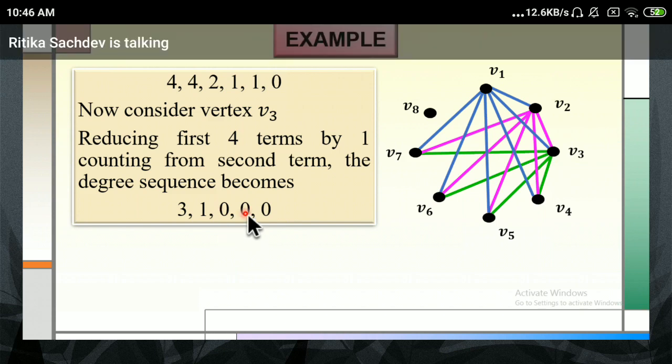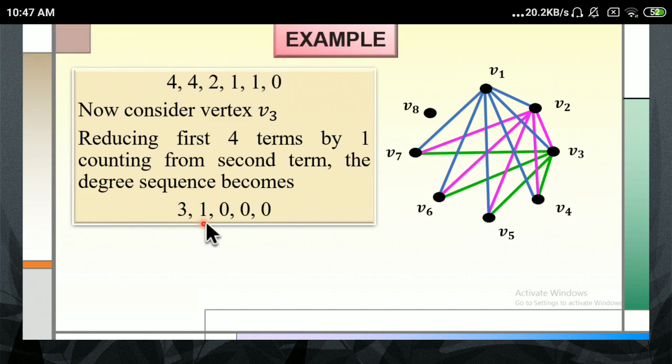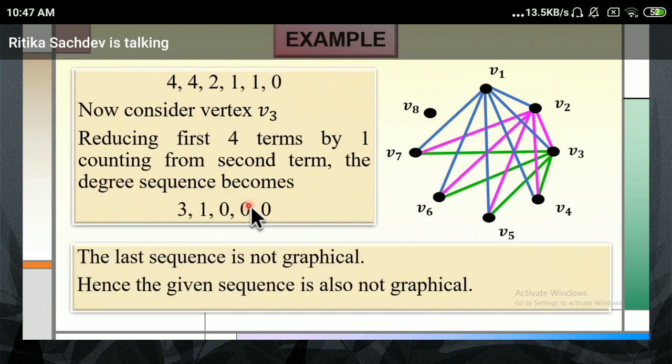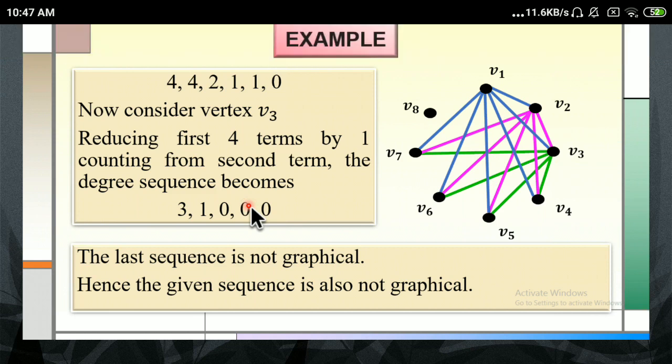Now if I proceed further and take V4, it has to draw 3 more edges. So I should subtract 1 from the first 3 numbers starting from second. 1 minus 1 is 0. This will become -1. So I got a condition which cannot be a graph sequence. That simply says the last sequence is not graphical, hence the given sequence is also not graphical. Did you understand what we did?